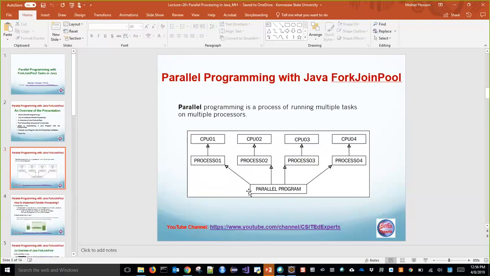But think about the situation if we did not have multiple processors. If we had only one processor, only one CPU, and we have these 4 processes, then there will be a queue of processes.